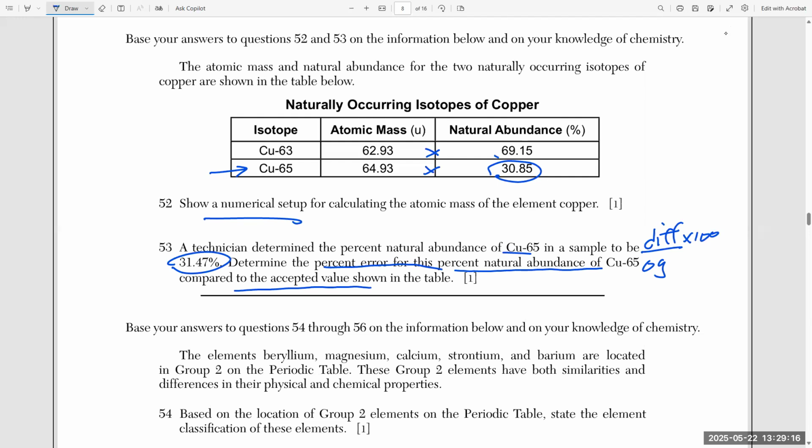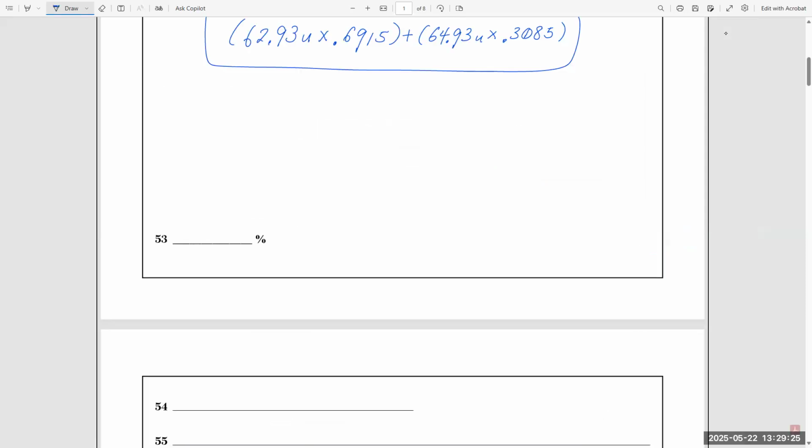It's the difference over the original, which is going to be 31.47 minus 30.85. That should give us the difference.